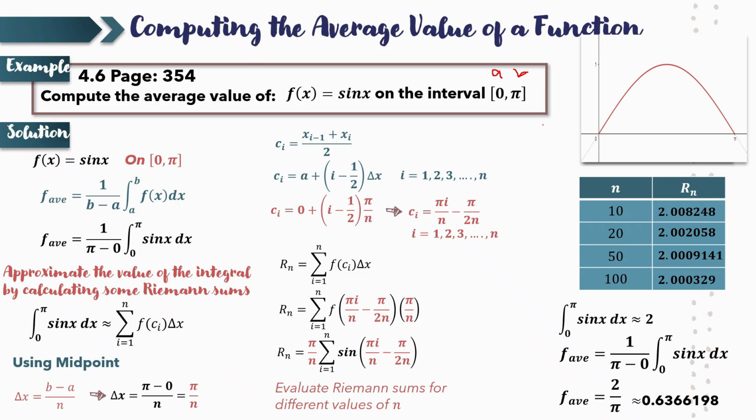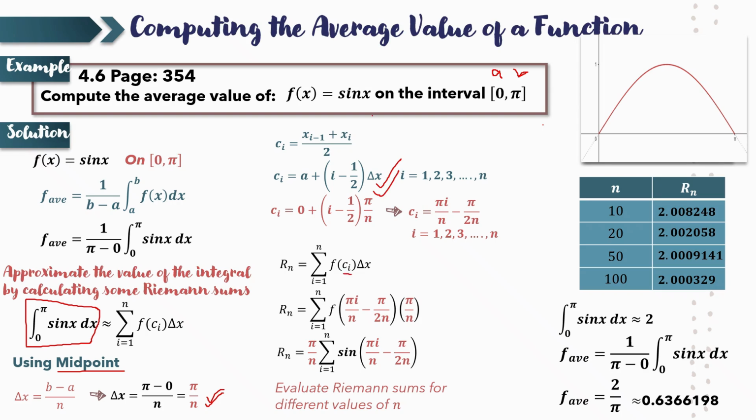For that, first let us find only the integral 0 to pi of sin x dx. Here we use the midpoint rule. If you want, you can use the left-hand or right-hand point. So once you find the delta x, we'll be finding the midpoint ci and replace your x.